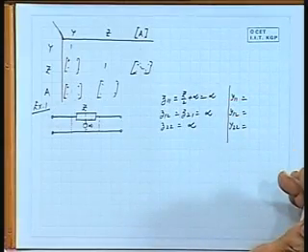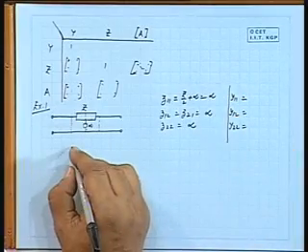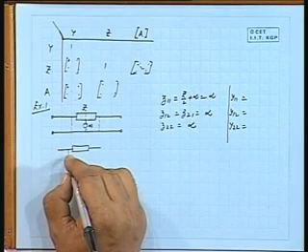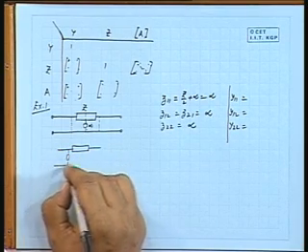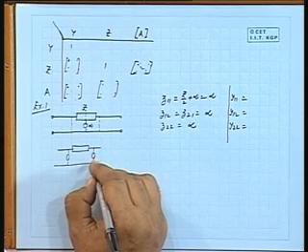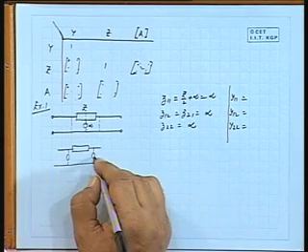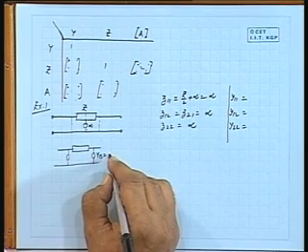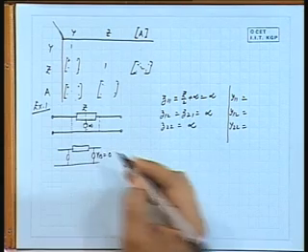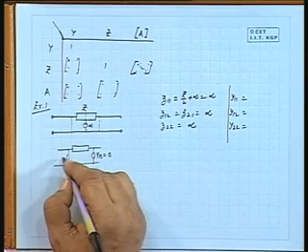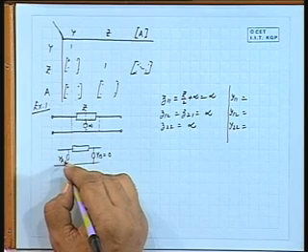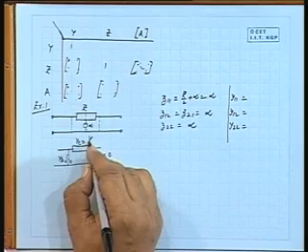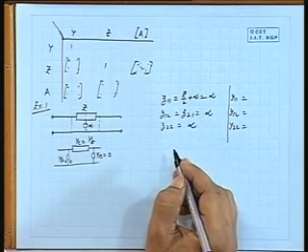What about Y? Once again, here I can assume this to be a pi network where this admittance YB is 0, infinite impedance means admittance is 0, YA is 0 and this is YC which is 1 by Z. Okay.